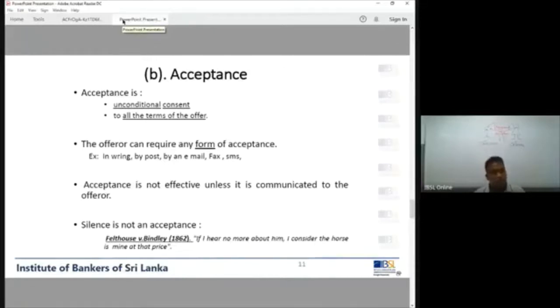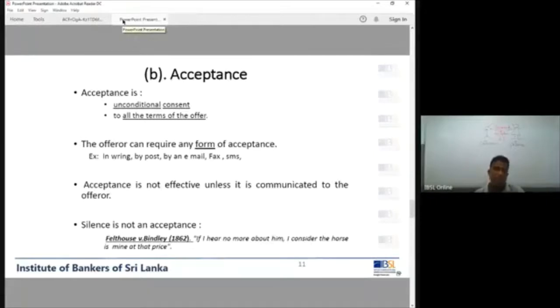The first element is to decide whether there is an agreement or not. As we discussed, there are two parts. First, we have to identify whether there is a valid offer. Once we decide there is a valid offer made by the offeror, then the second step is to see whether there is a valid acceptance.